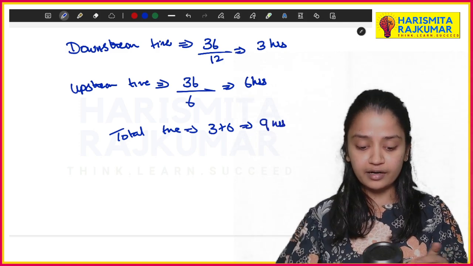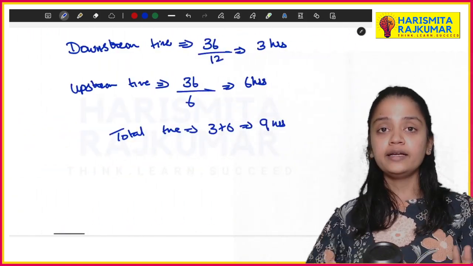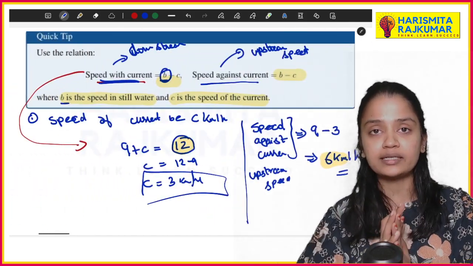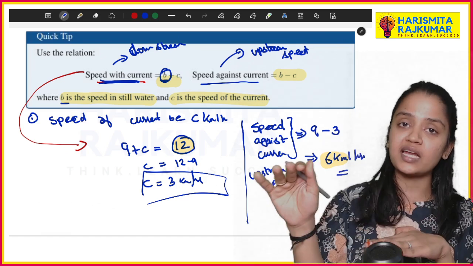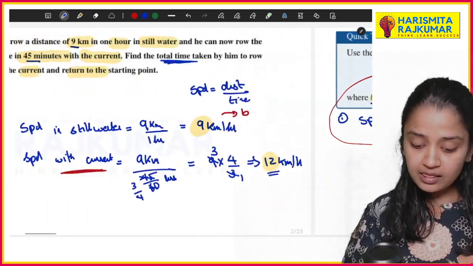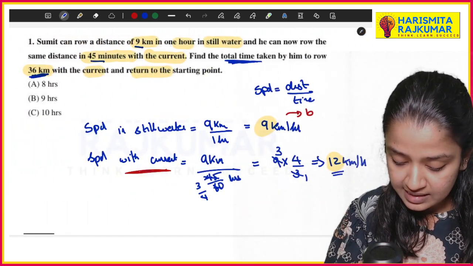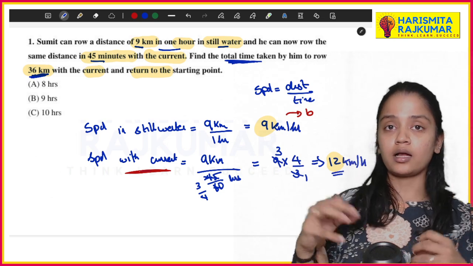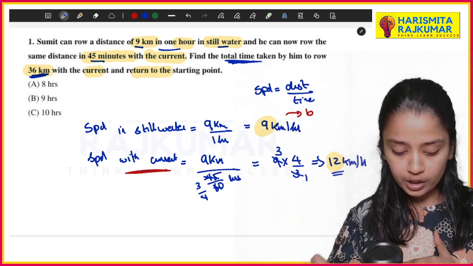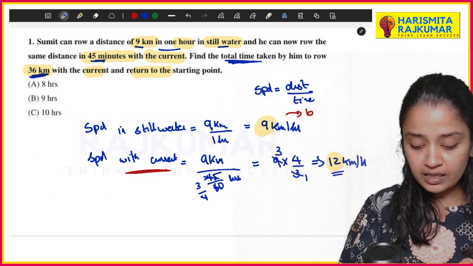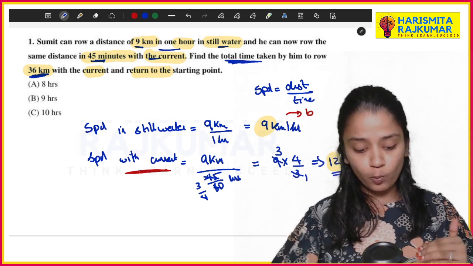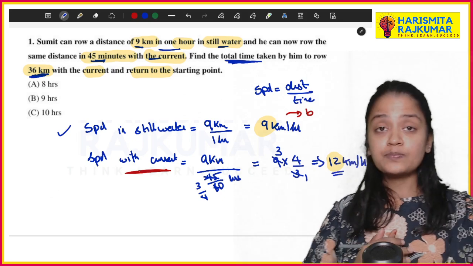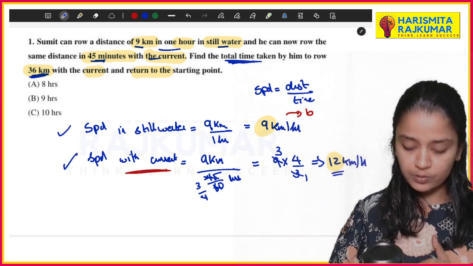So let me rewind this. For finding total time, you have to find upstream and downstream. Here they have given you the distance covered and the time for still water, and the same distance with the current. With that, we found the speed in still water and speed with the current.